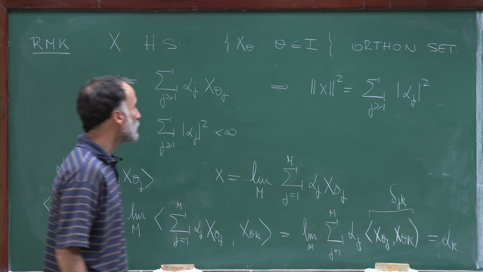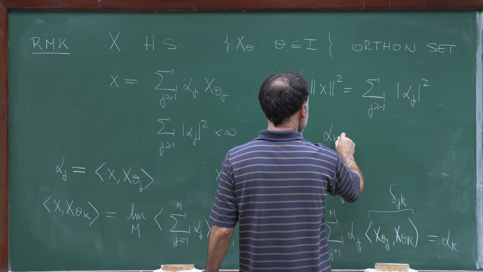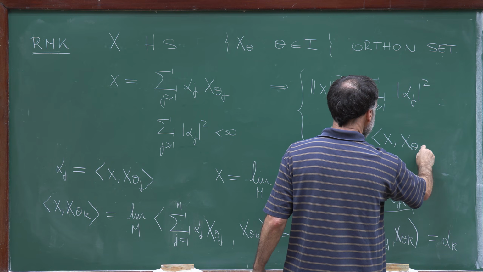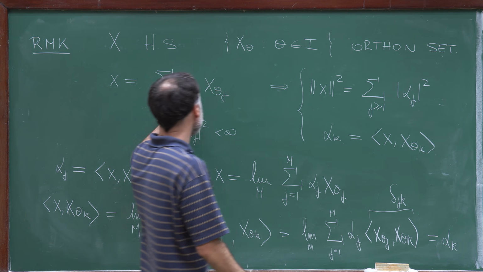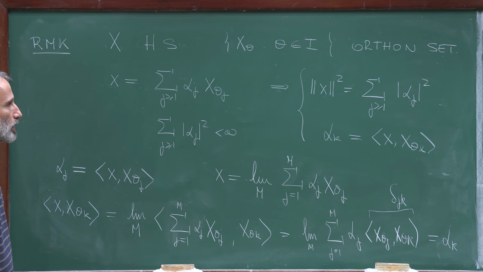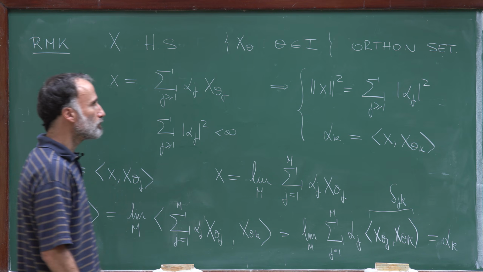So this is a second observation, that alpha k is actually the scalar product of x with x theta k in this representation. So these two facts will be used many times and deserve to be remarked or observed detached from the proof of the previous proposition.